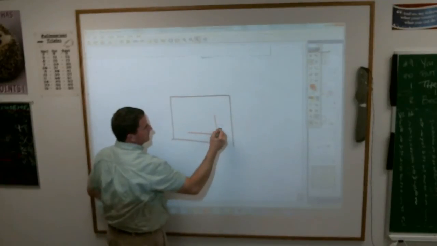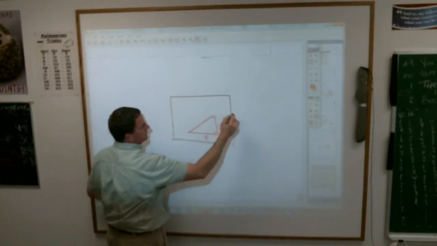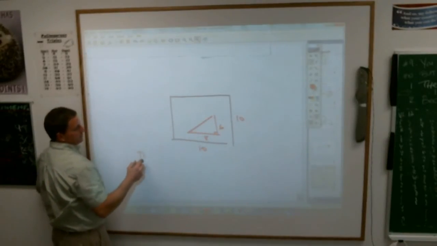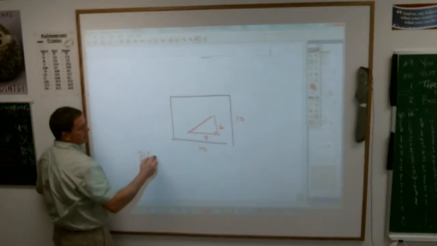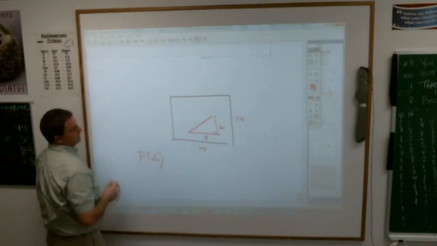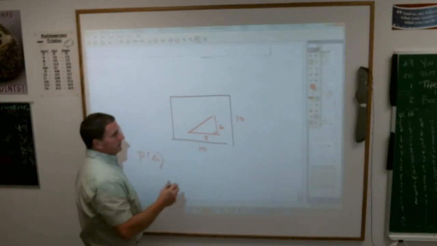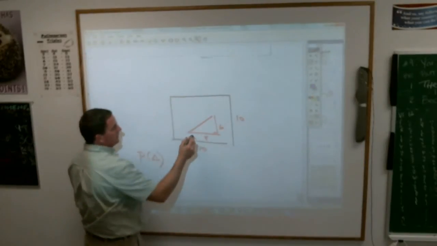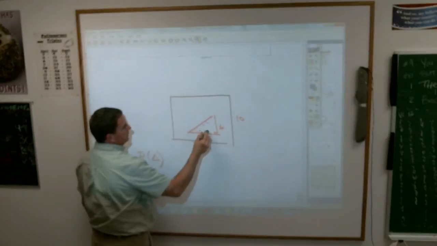Right triangle, 6, 8, 10, 10. What's the probability, if you hit the square, that you're going to hit the triangle? I'll give you a chance to figure that out. You shoot an arrow, and when it hits the square, what's the probability it's going to land in here?